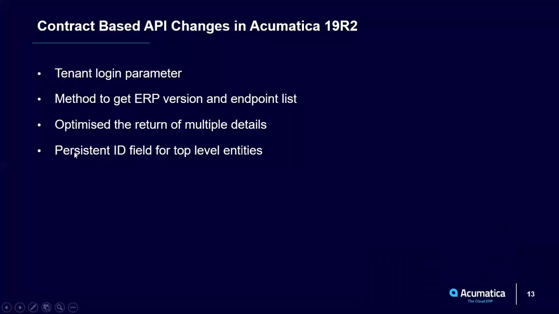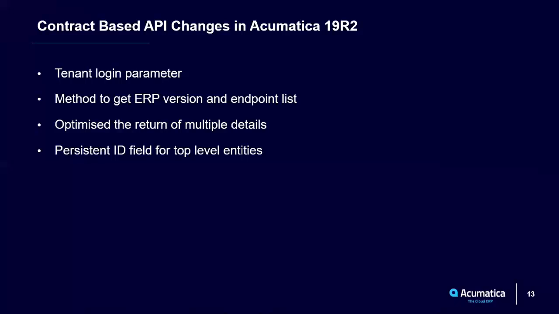And the last change that happened: the ID field that is generated by the system. Previously, in Acumatica version 19R1 and previous versions, this ID field was session specific. So for example, each time you logged in and retrieved a record, it would be attributed a single ID or GUID value, and that value would be valid only for the duration of the session.